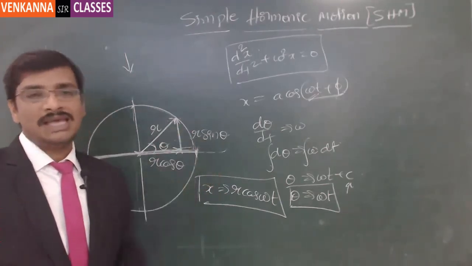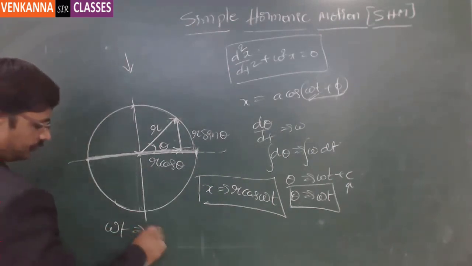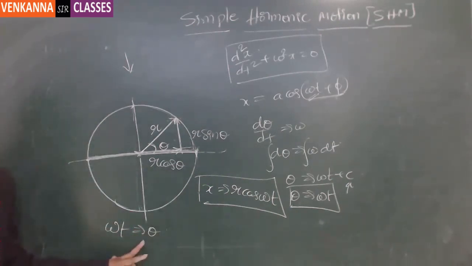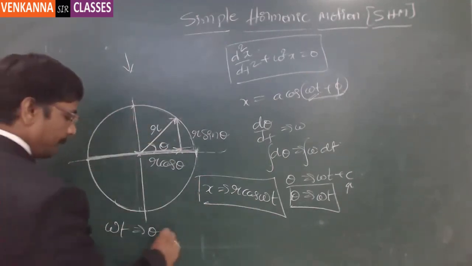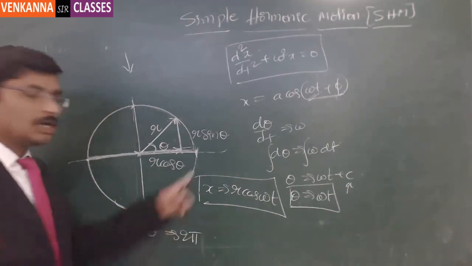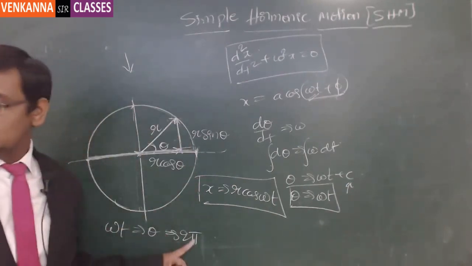Now if omega is the angular velocity, then omega t equal to theta. So this is the angular displacement. Now for one complete revolution, this theta will be 2 pi. So to complete one cycle, this omega t has to change from 0 to 2 pi.